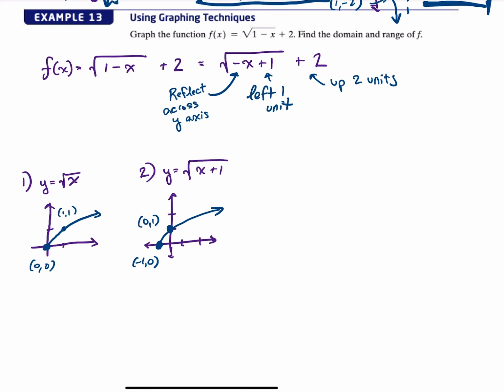Now let's do the horizontal reflection. Or I guess you could say this is a vertical reflection. We're reflecting across the y-axis, so in a horizontal direction. So negative x plus 1. So that's going to flip all the x values from negative to positive.